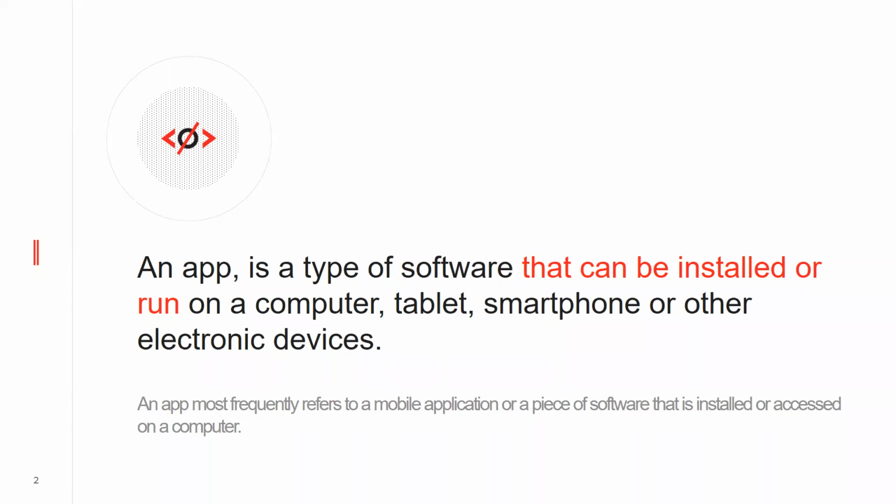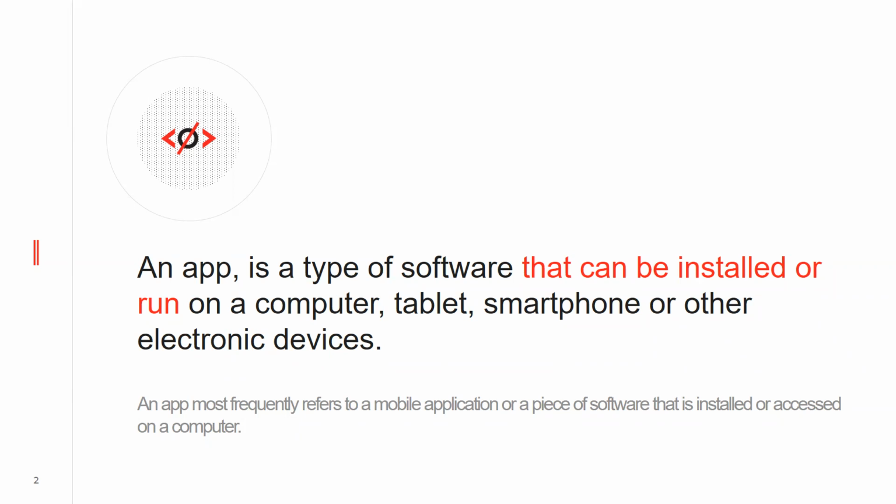So what is an app? Application, in short form, we call it an app. It's a kind of software that can be installed or run on your device, whether it's a computer, your phone, or a tablet, or whatever other devices that you have. For example, Xbox.